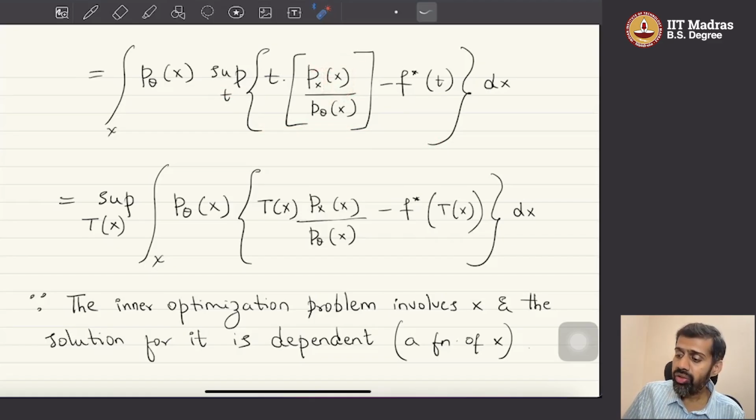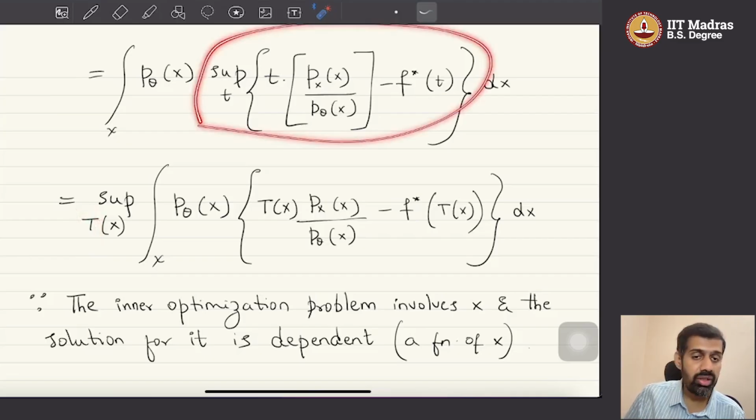Now if we push the supremum outside the integral, then for every x, the supremum has to evaluate in such a way that if you plug in that particular x, it gives you a t that is the solution for this optimization problem.